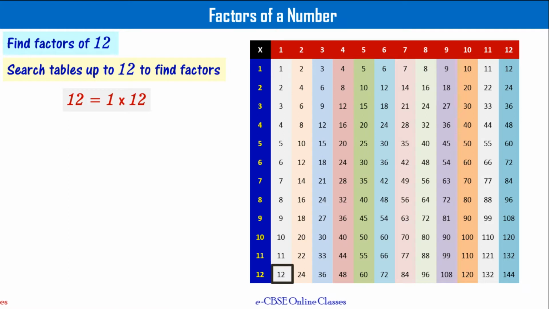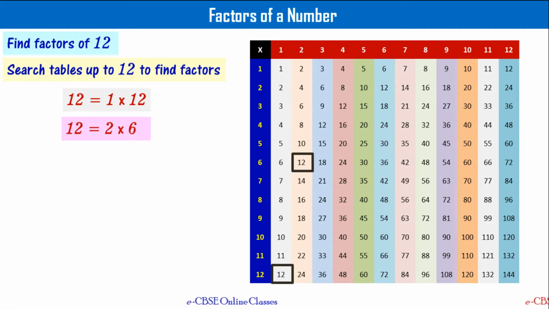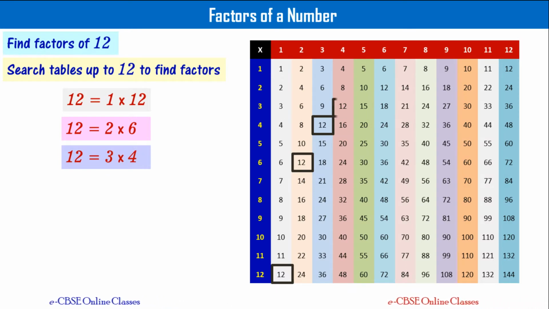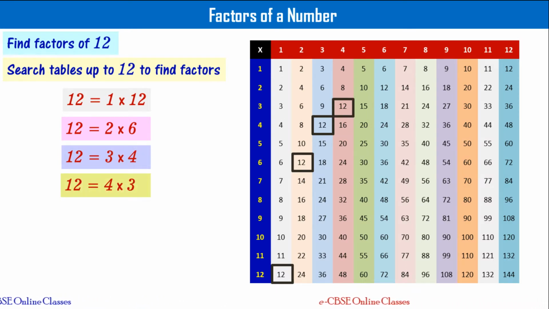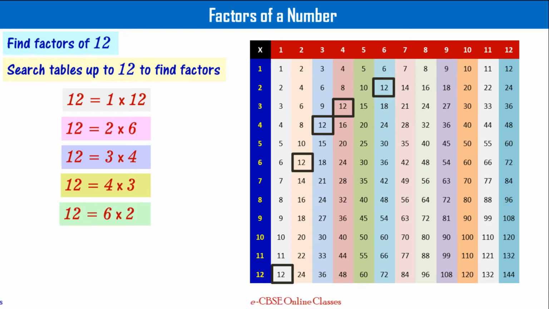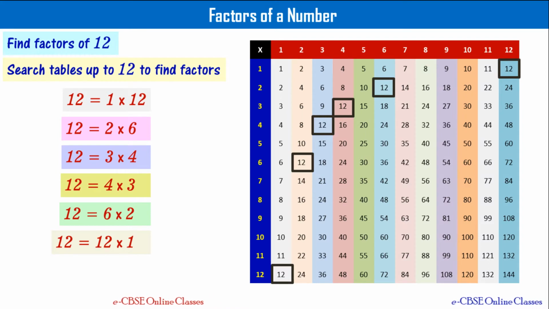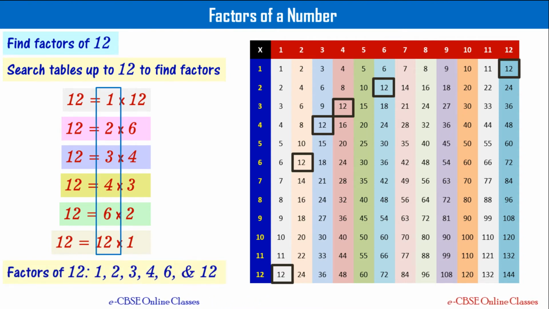As you see here, 12 appears in the table of 1, 12 appears in the table of 2, 12 is there in the table of 3, 12 is there in the table of 4, 12 is there in the multiplication table of 6, and 12 appears in the multiplication table of 12, right? And you can figure it out, 12 appears nowhere else in this table. So from this we can say that factors of 12 are 1, 2, 3, 4, 6 and 12.